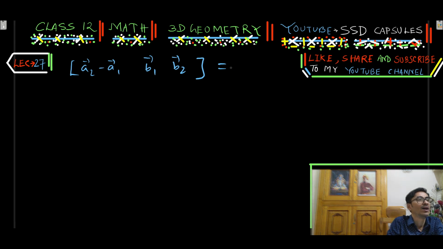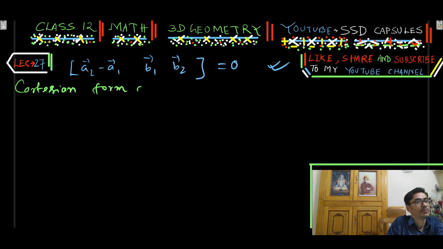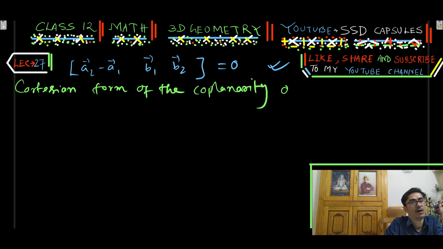So this is another form. Now we will see the Cartesian form of the condition of coplanarity of two lines.